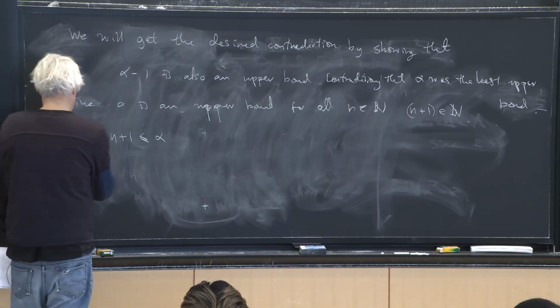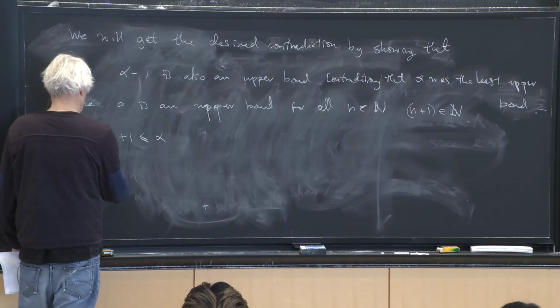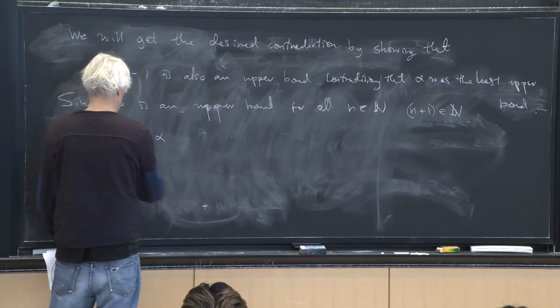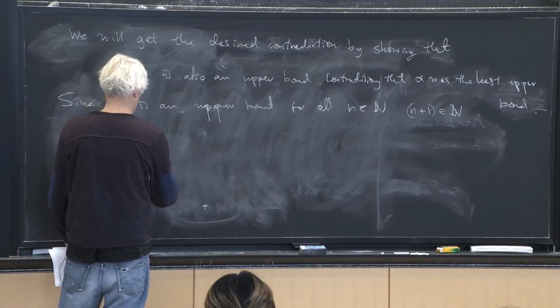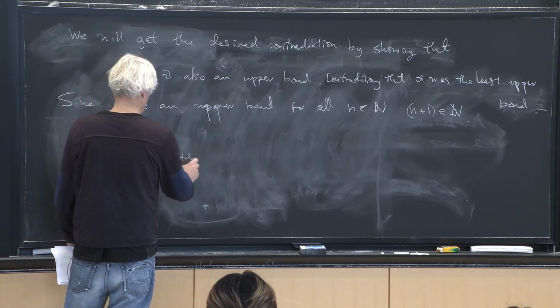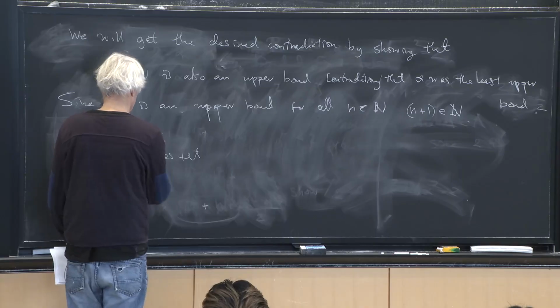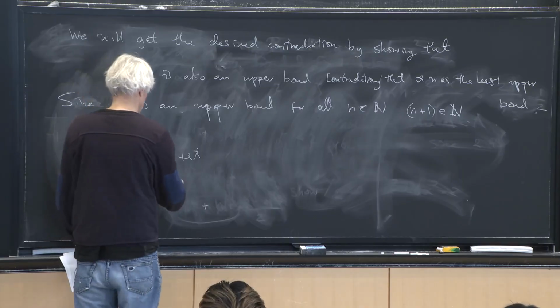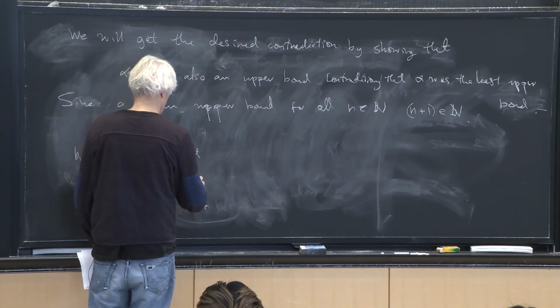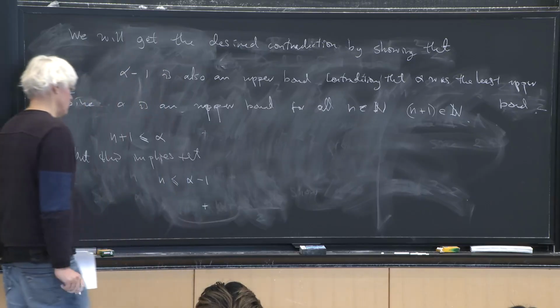But this implies, subtracting 1 on both sides, that n is less or equal to alpha minus 1.